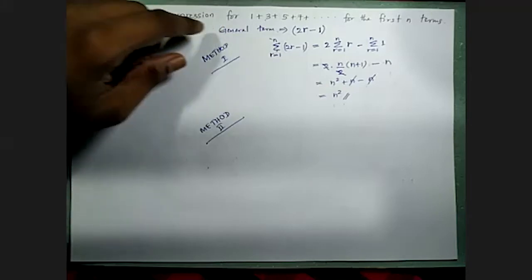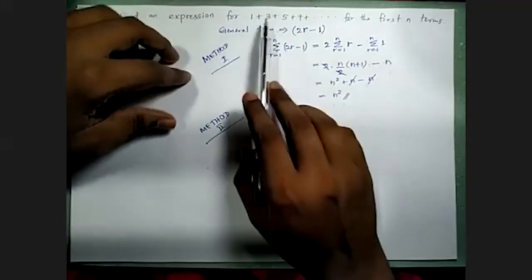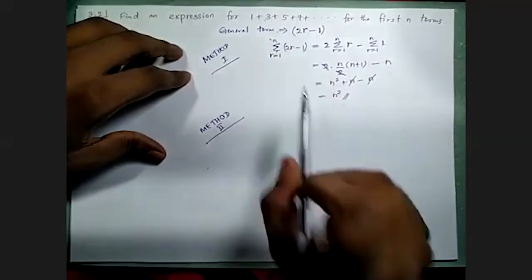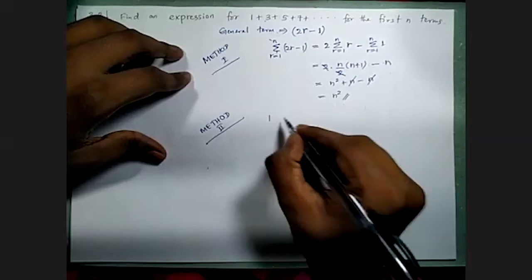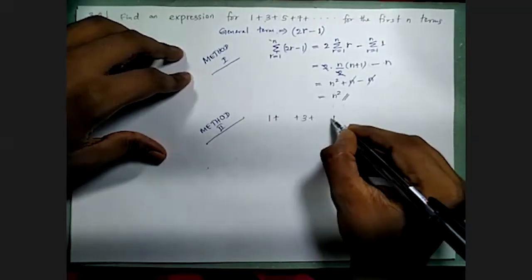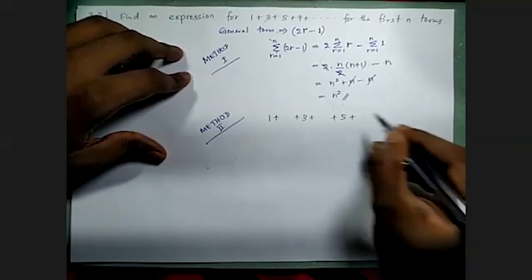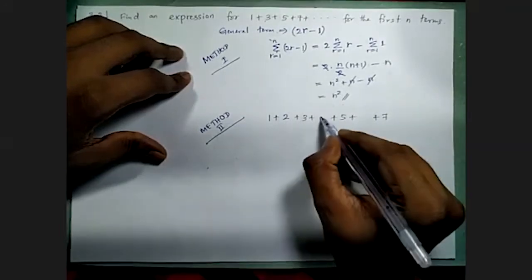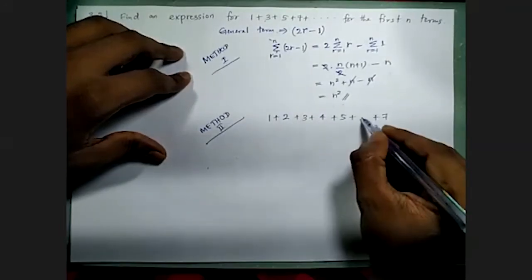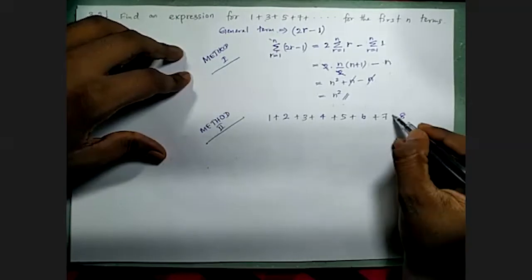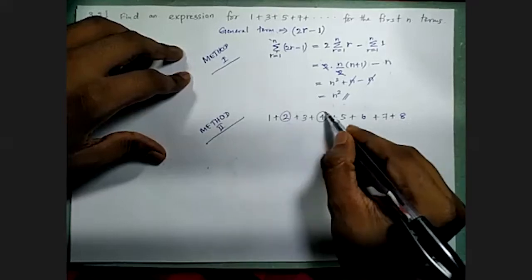We have to rewrite or rearrange the given series like this: 1 plus, in between I can put the missing digits 2, 4, 6, and here we have 8. I have written the missing digits.